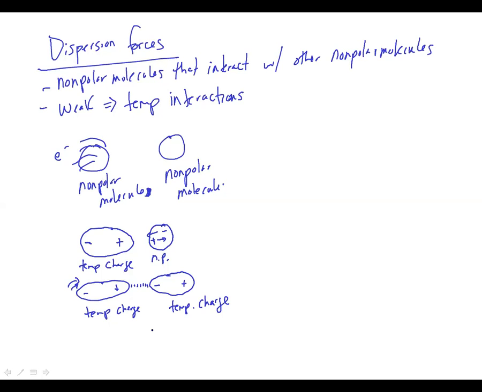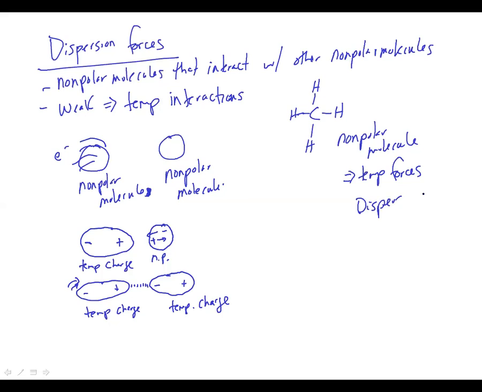They continuously break apart and make new ones, and they're very temporary. So that is what something like CH4 would mainly use, dispersion forces, because again, it's a nonpolar molecule, and the best that it could do is these sort of temporary forces. And again, they would be known as dispersion forces.